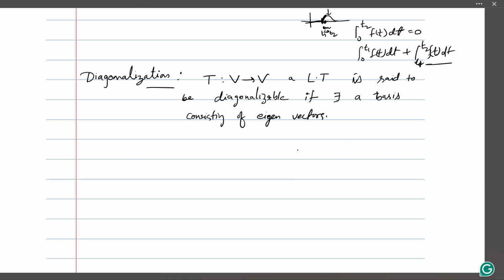Okay, because if you have a basis, and in that basis all elements are eigenvectors, then there is a relation like this. This is just rough work. T of Vi is equal to lambda i Vi, right? Then if you write the matrix representation with respect to this basis, which is B, it will become just lambda 1, lambda 2, everywhere else is 0, and so on.